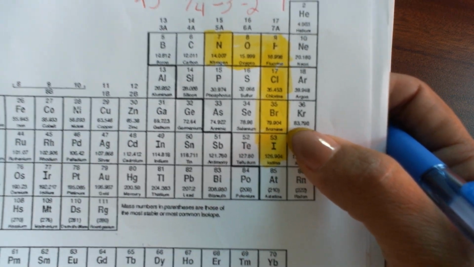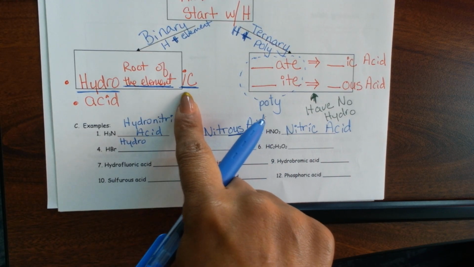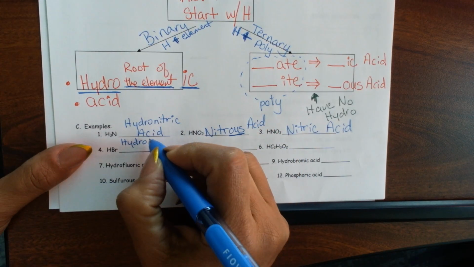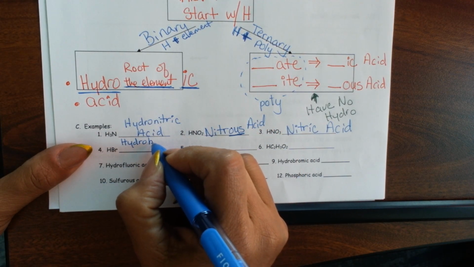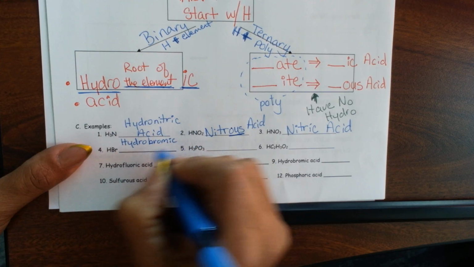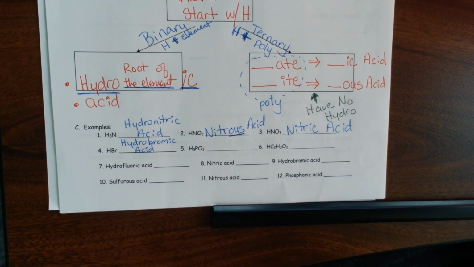So I'm just going to have the root word, and after the root word, I'm going to end it with an ic, and then acid for the next word. So hydro, brom, ic, acid. Brom, instead of bromine, brom. Looking at number 3 is just confusing. Nitric acid?